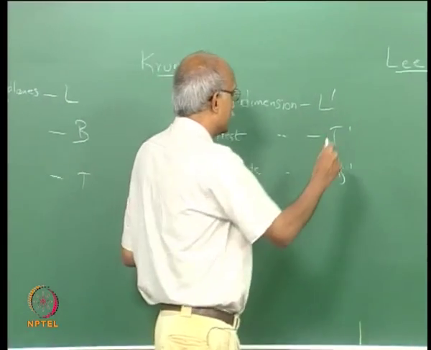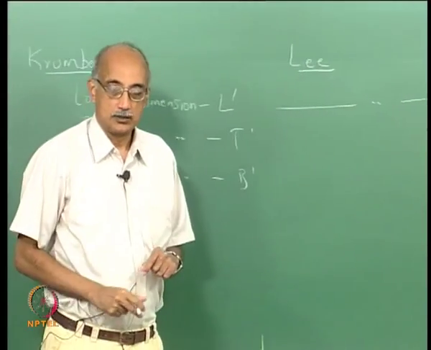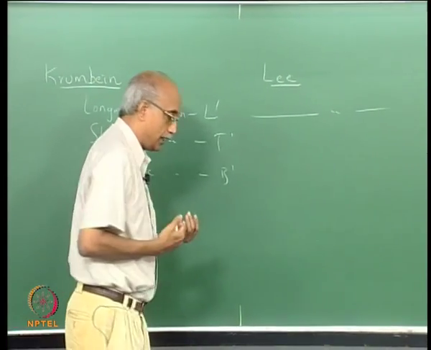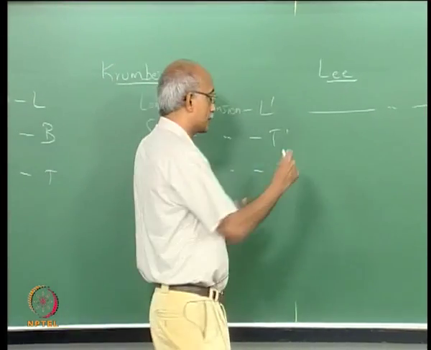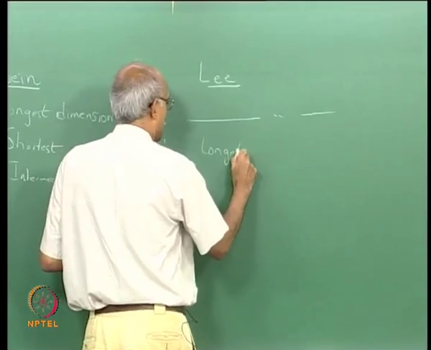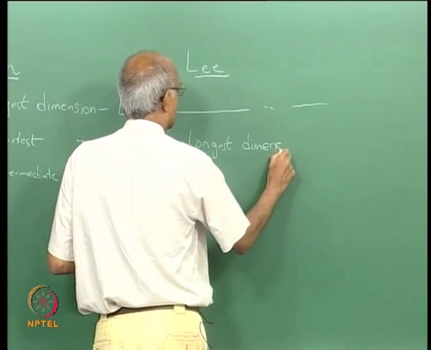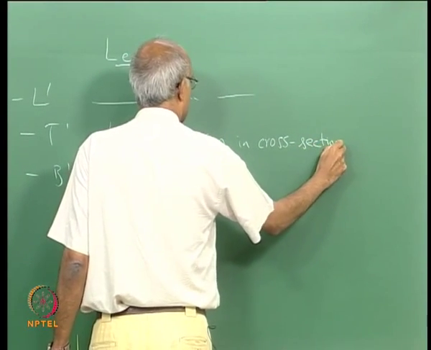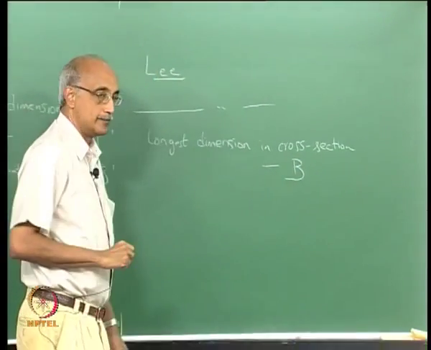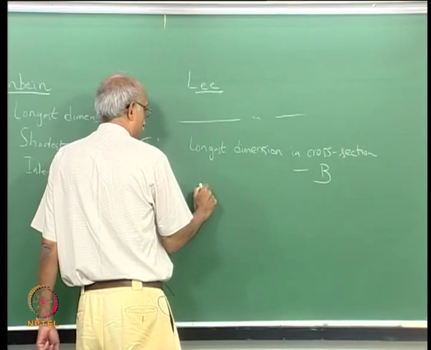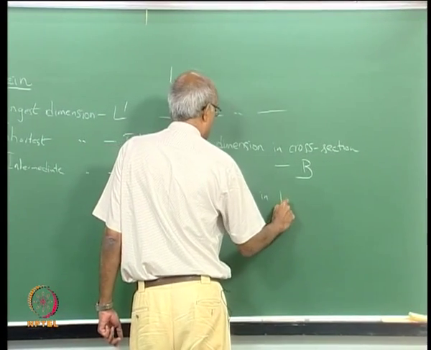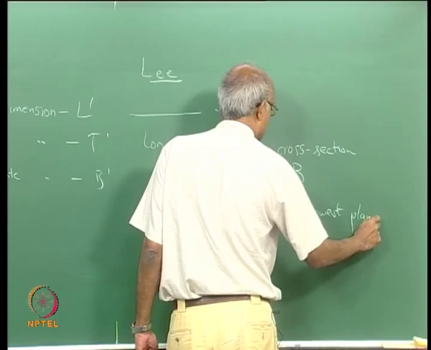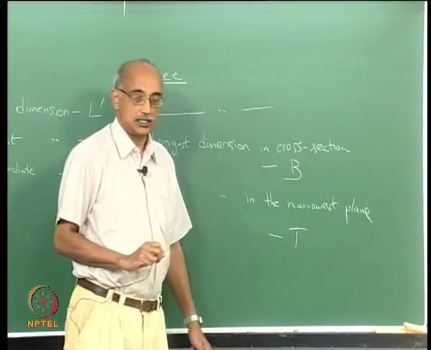He also said that we should start with the longest dimension and label it as L, but then what he said was that we should take the longest dimension in the cross section of the particle and call that B, and he said take the longest dimension in the narrowest plane of the particle and call that T.